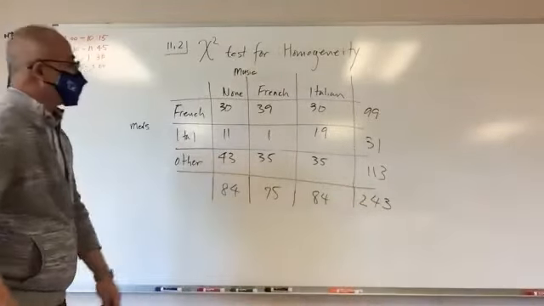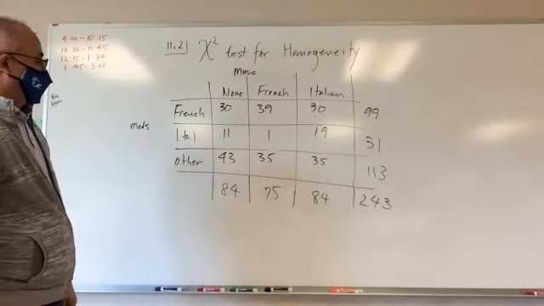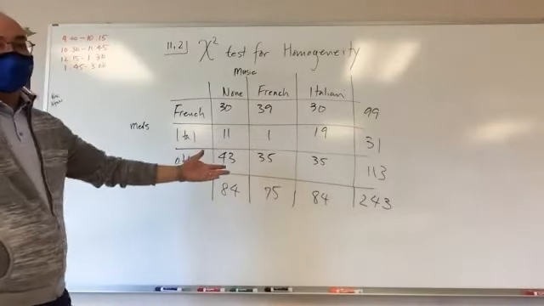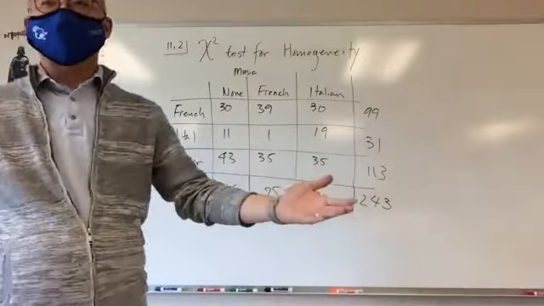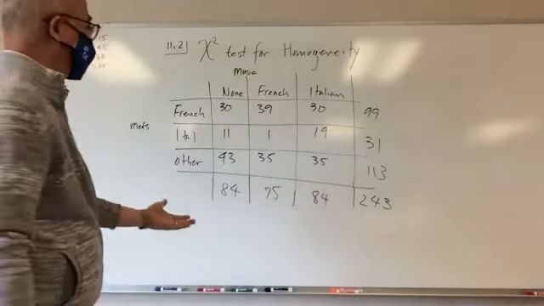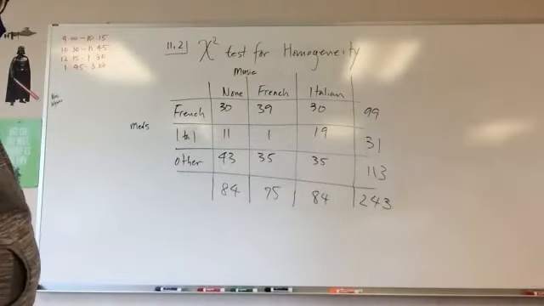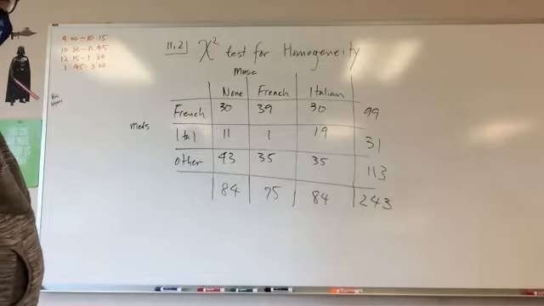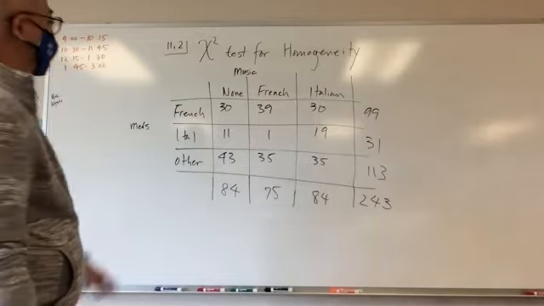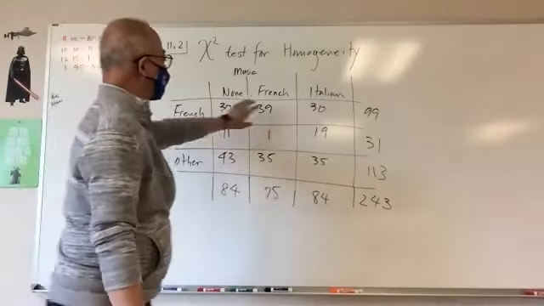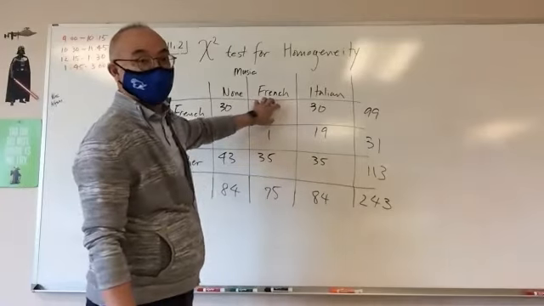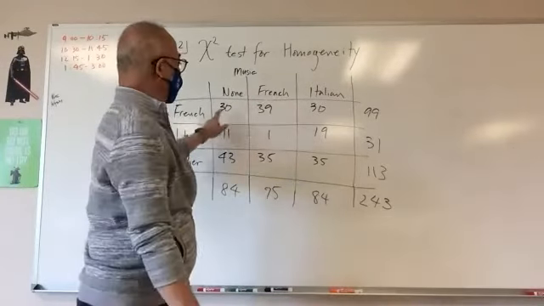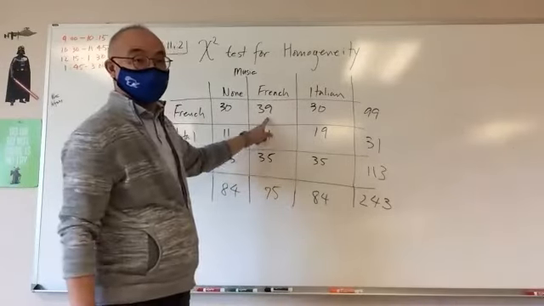So here we go. The question is, what do you think? Just eyeballing it, do you think it makes a difference? Why did you say that? There's a big difference in the Italian. Correct. When I play the French music, more people order French, because only 30 here, well, 39 with the French.